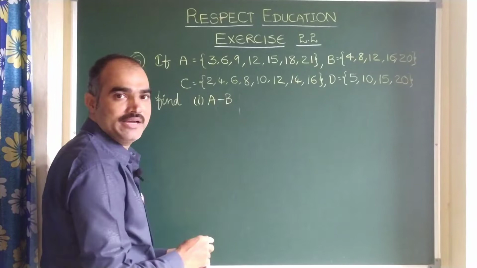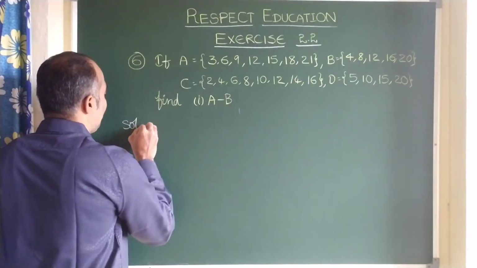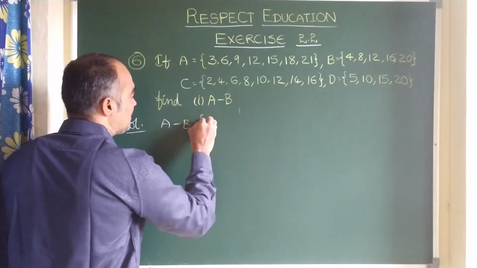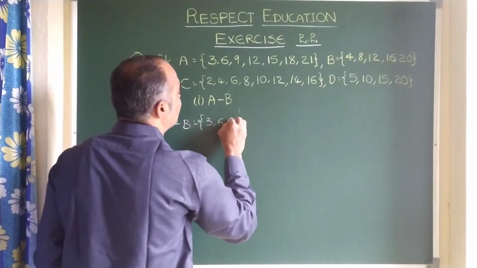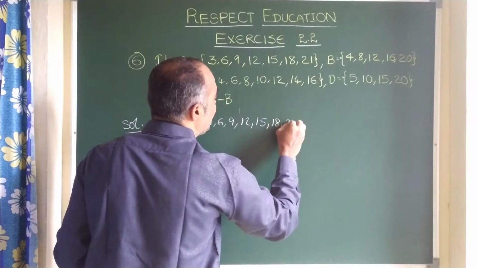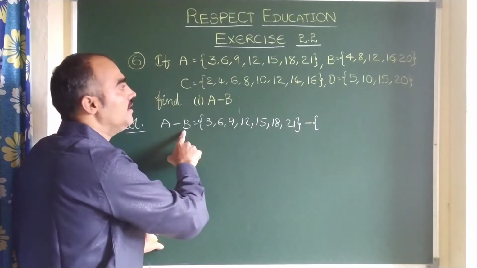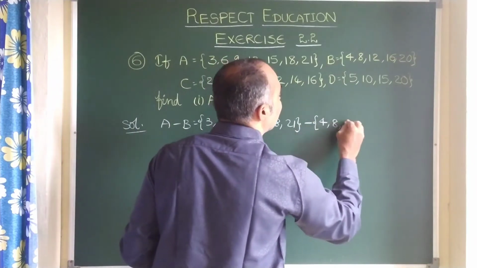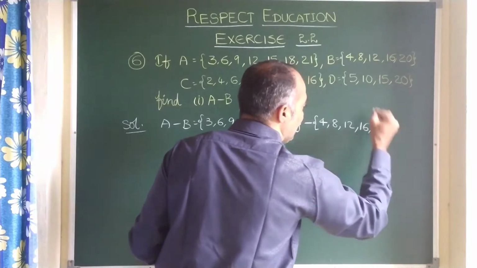First bit is A minus B. So here A minus B. Let us write this set A, that is 3, 6, 9, 12, 15, 18, 21 minus B. B is nothing but 4, 8, 12, 16, then 20.